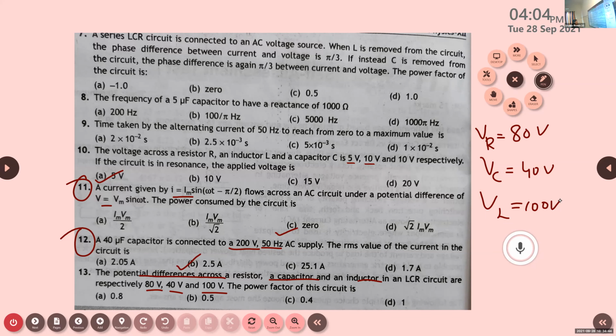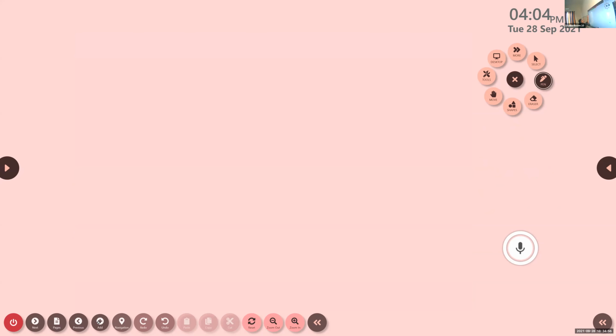Then how can we find the power factor? We have studied one equation. I don't know whether I gave this equation to you because it comes under the deleted portion. Power factor is equal to VR divided by the net voltage of the circuit.